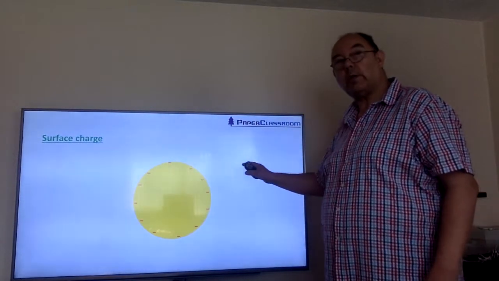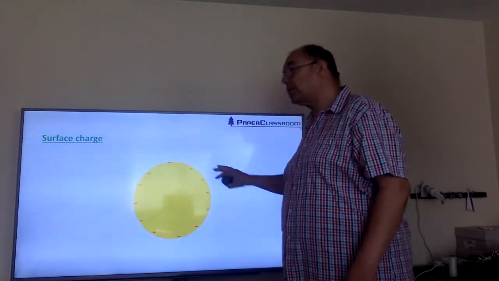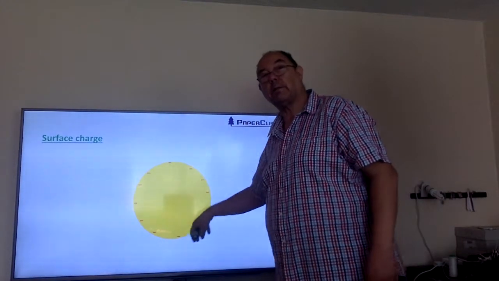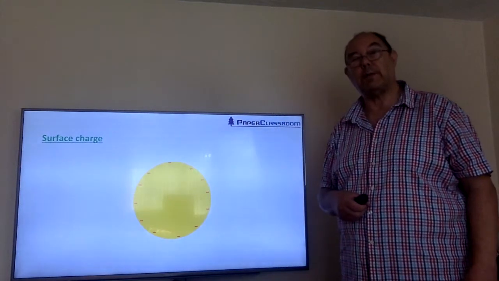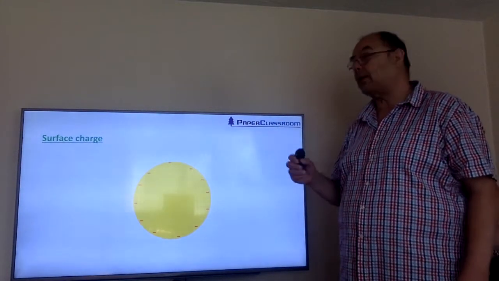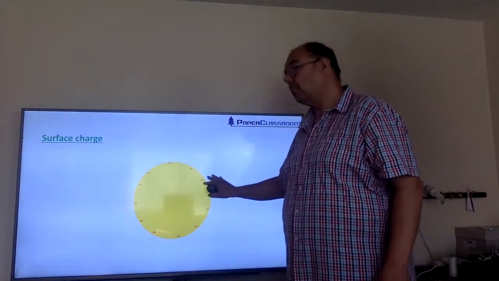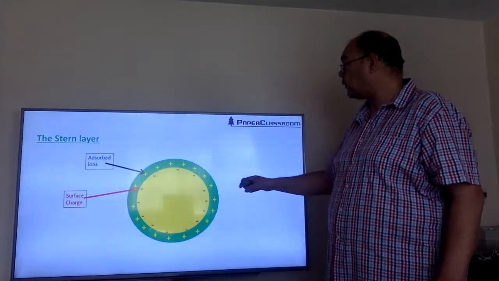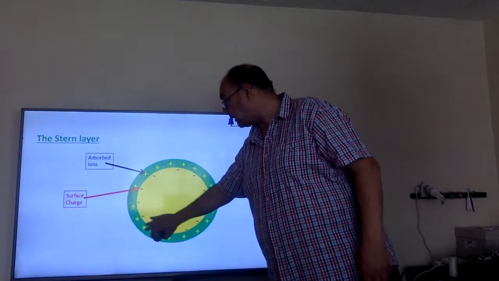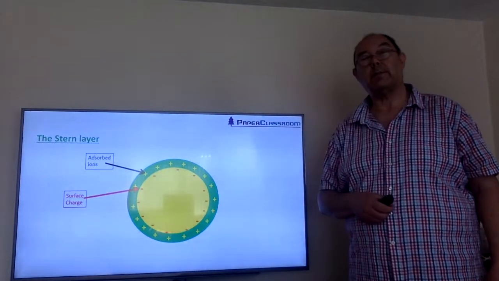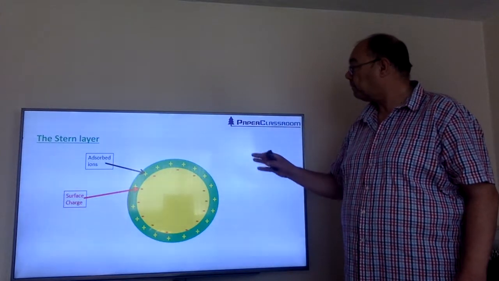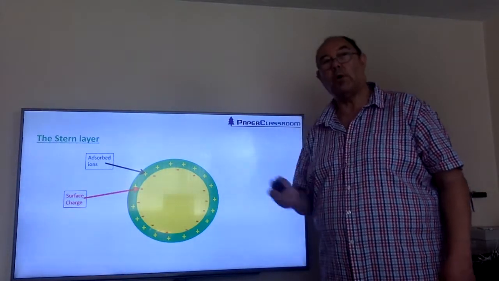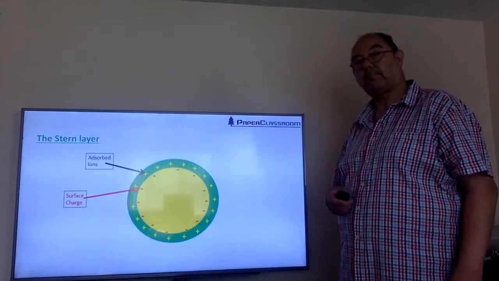So if you imagine now that you've got a solution full of positive and negative ions, if this particle is full of negative charges on its surface, then it's not difficult to imagine that it may attract positive ions that are within the solution. It does so, and it forms this layer of positive ions. And this was first identified by Stern, and therefore this is known as the Stern layer.